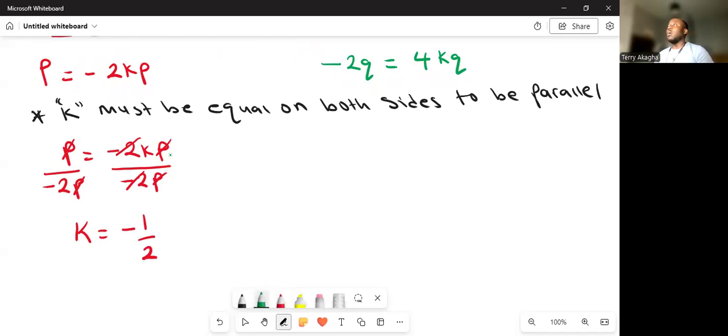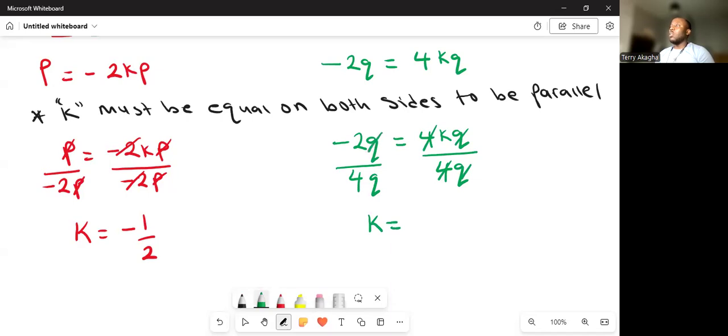Now for the green one, that is the Q part, minus 2Q will be equal to 4KQ. To make K the subject of the formula, I'll divide both sides by 4Q. 4 cancels 4, Q cancels Q, and that will give me K equal to minus 2 divided by 4, which is minus 1 over 2.